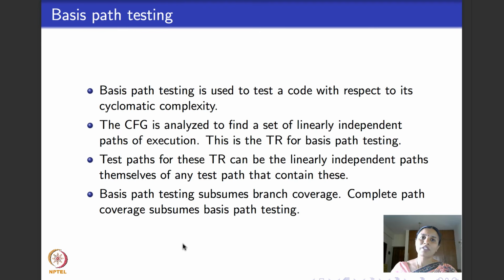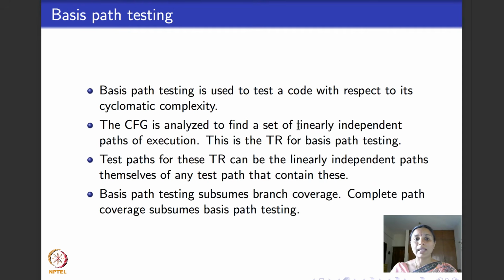Any set of test paths that satisfy this TR would hold good for basis path testing. Because we've looked at prime paths and enumerating prime paths, I'm not revisiting any algorithm that will enumerate linearly independent paths. It's very similar to this. So we consider the same algorithm that we used for prime paths as working for enumerating linearly independent paths.